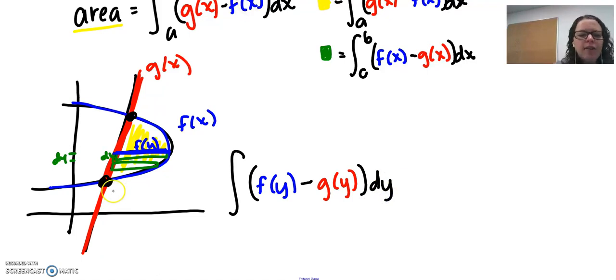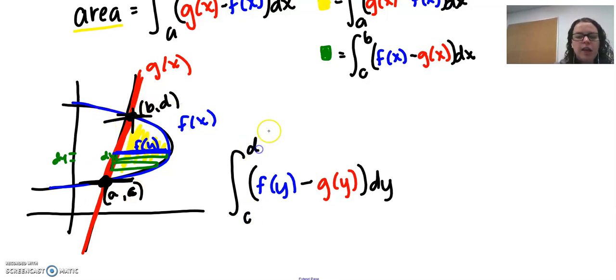And then instead of having a, we'll call this point a comma c, we'll call this one b comma d. Instead of looking from a to b, because that's just where the red was above the blue, perpendicular to the x-axis, I now want to look from the bottom to the top, is what I'm summing up those little green rectangles. So that's going to go from C until D.